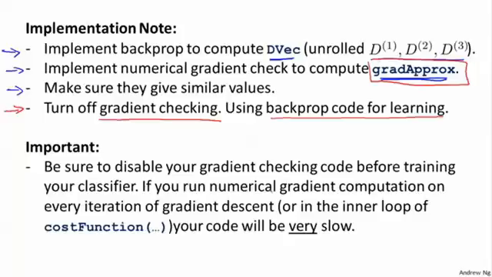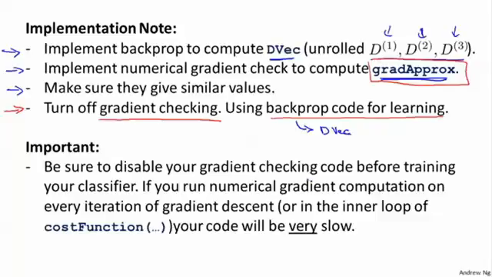The reason is that the numerical gradient checking code is very computationally expensive, a very slow way to approximate the derivative. In contrast, the backpropagation algorithm that we talked about earlier, for computing D1, D2, D3, or dvec, is a much more computationally efficient way of computing the derivatives.